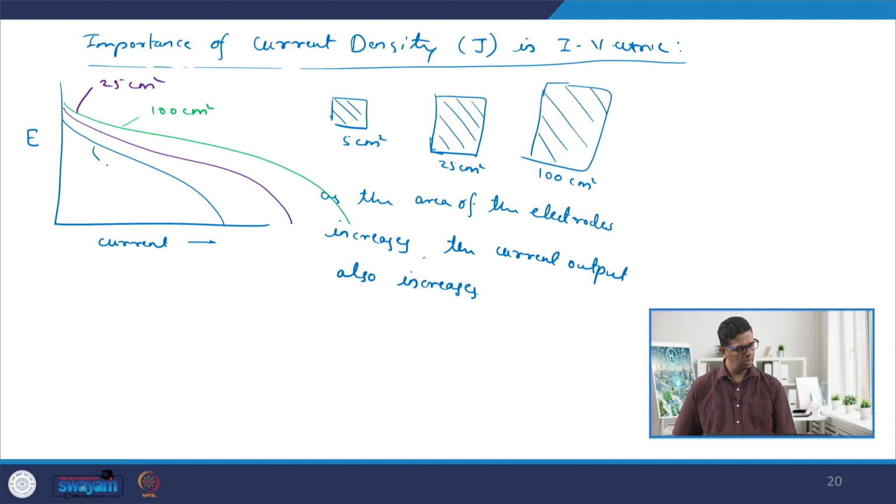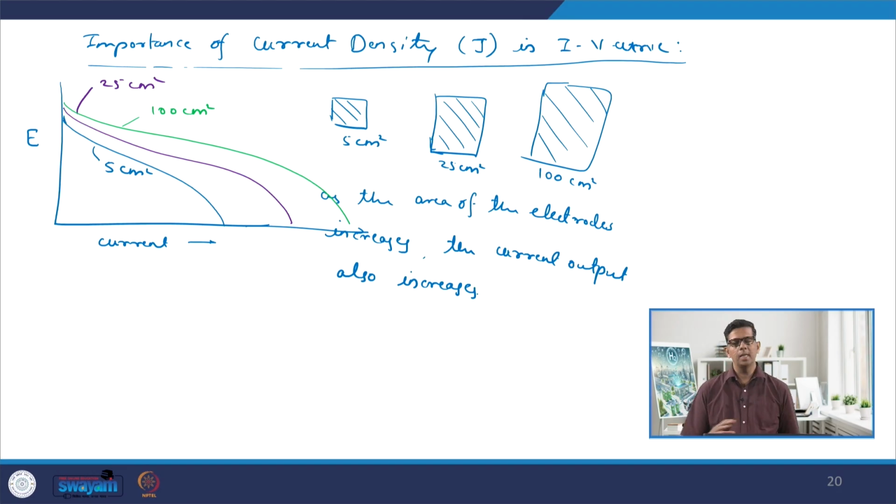If we have a closer look at these profiles, the obvious impression that we get is that the cell with 100 centimeter square area is performing better because it is producing a larger amount of current compared to the other two. That is not the case.